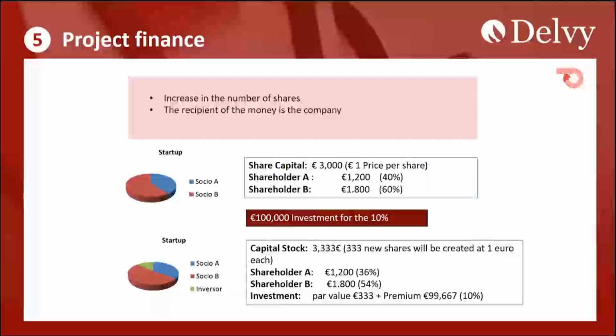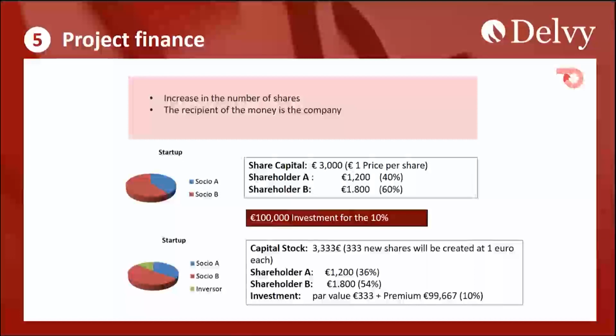If we had an investor buying 100,000 shares of €1 each, that would dilute the founders a lot, and 99% of the company would belong to the investors.